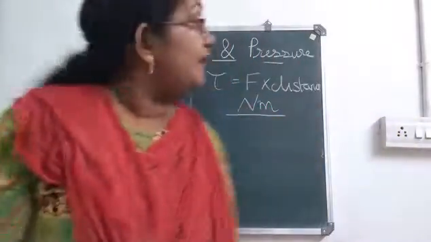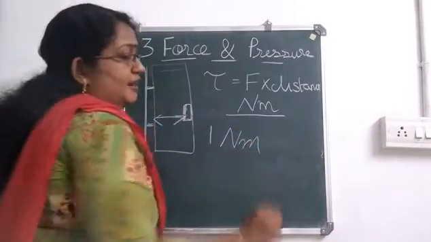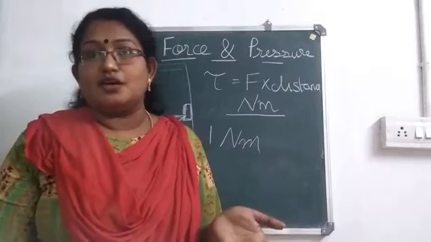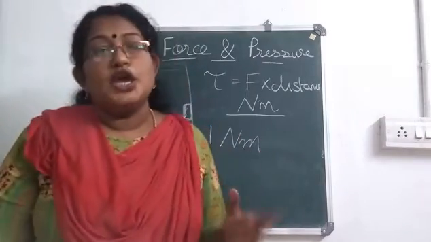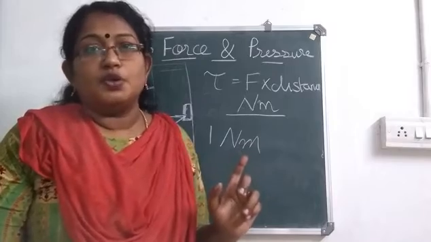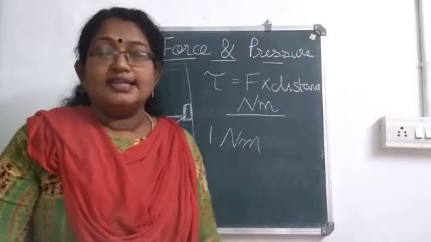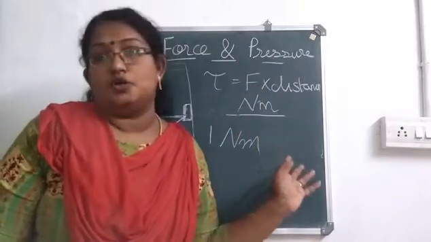Okay, I'll repeat. Usually for the board exam, they won't ask you to write the definition for a physical quantity. They will ask the definition for units. So in that case, usually what we'll do is write the equation for that physical quantity, then make the definition out of it.